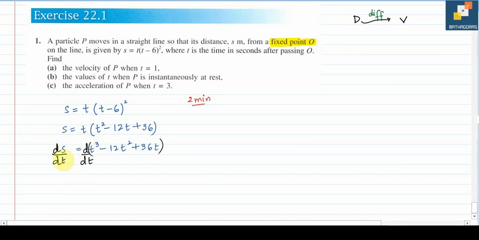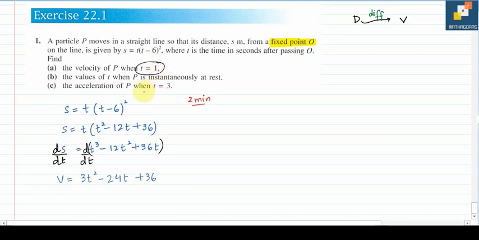Alright, so ds upon dt is basically equal to velocity. The derivative of t cube is 3t square, minus the derivative of 12t square. First we write down the power, so 12 times 2 is 24t, and the derivative of 36t is 36. So you have an expression for velocity. In the question it says find the velocity when t equals 1.